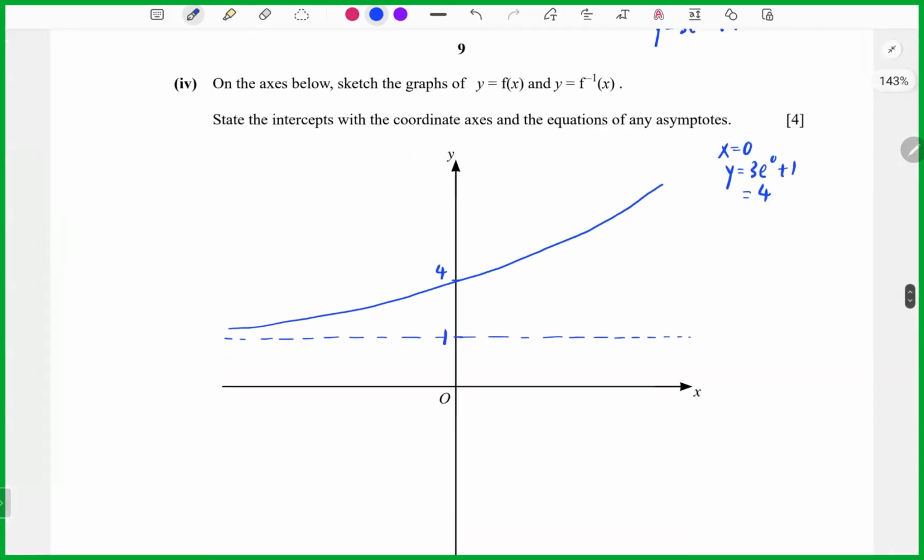So now we can very easily sketch the inverse function because we already labeled these equations. This graph.